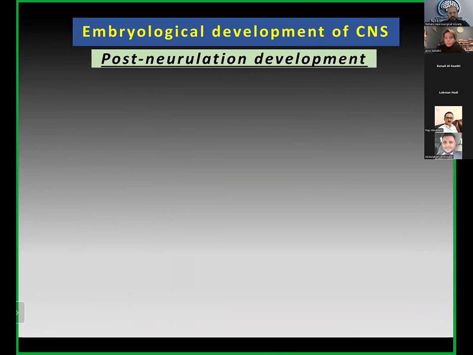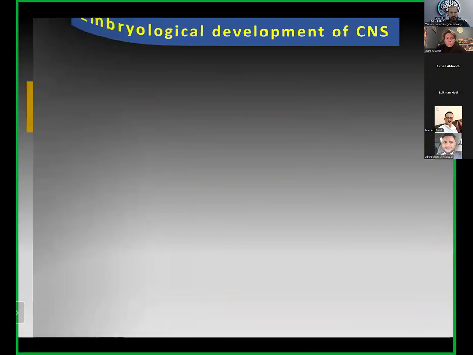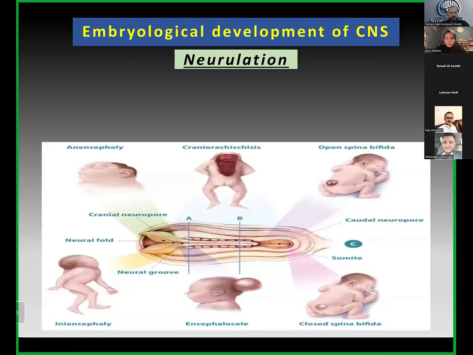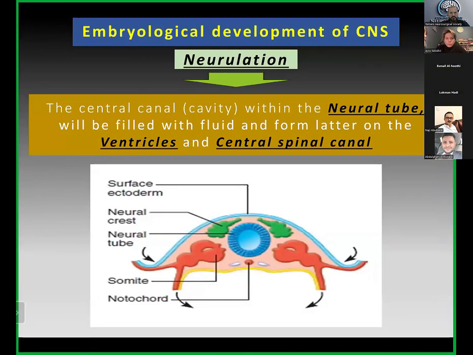After the neurulation and closure of the neural tube, it is usually separated from the overlying ectoderm. As we see here in this diagram, after closure, it goes inside and is covered by the overlying ectoderm and the neural crest cells.